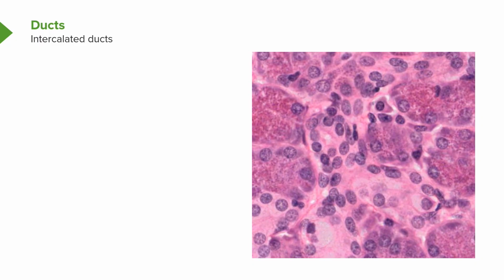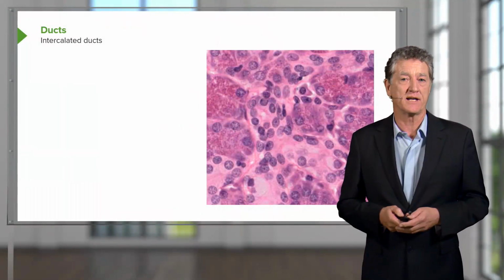They're very, very small in dimension and very short, and really only obvious in protein secreting glands. Not mucus secreting glands, because in mucus secreting glands the secretion product is not modified. But in protein secreting glands, as I've indicated earlier, it is modified. So these ducts are also quite prominent when you see sections of protein secreting glands.